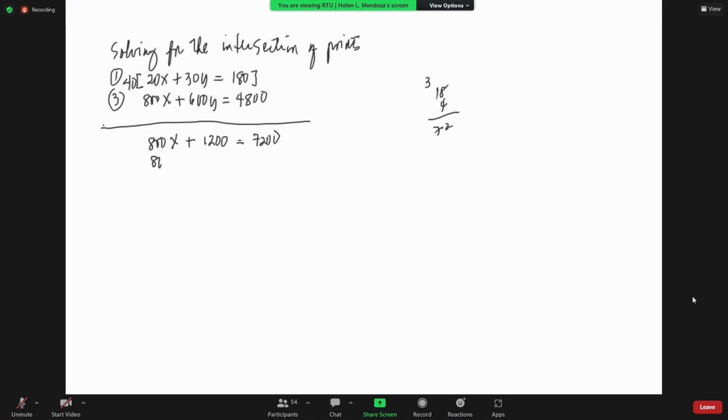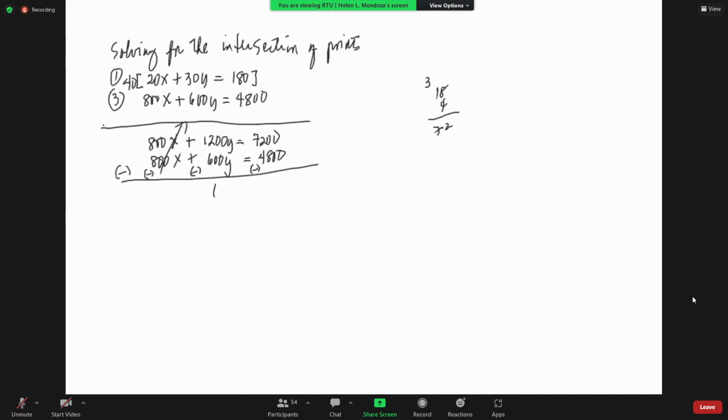Then, we have 800x plus 600y is 4,800. So, take a look at the signs of 800. They are both positive. So, the only way we can get rid of this is to subtract. So, this would change the sign of the subtrahend, then proceed to addition. So, 0 na siya.